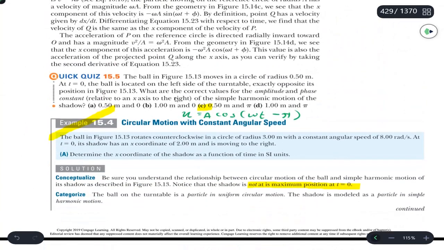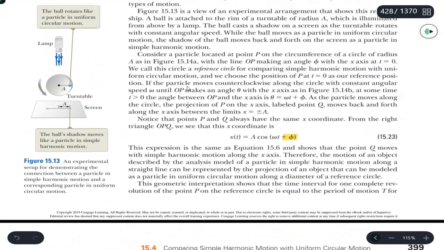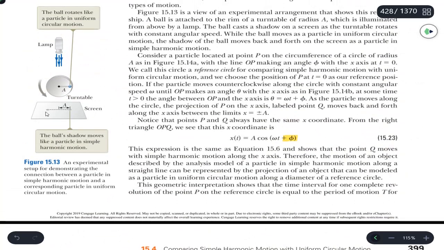Now another version, according to this question, it says that at t equal to 0, it's on the left side. Okay, on the left side. So this is where it starts. So this is the radius. Observe that the movement occurred from here to here and then goes back and forth, back and forth.